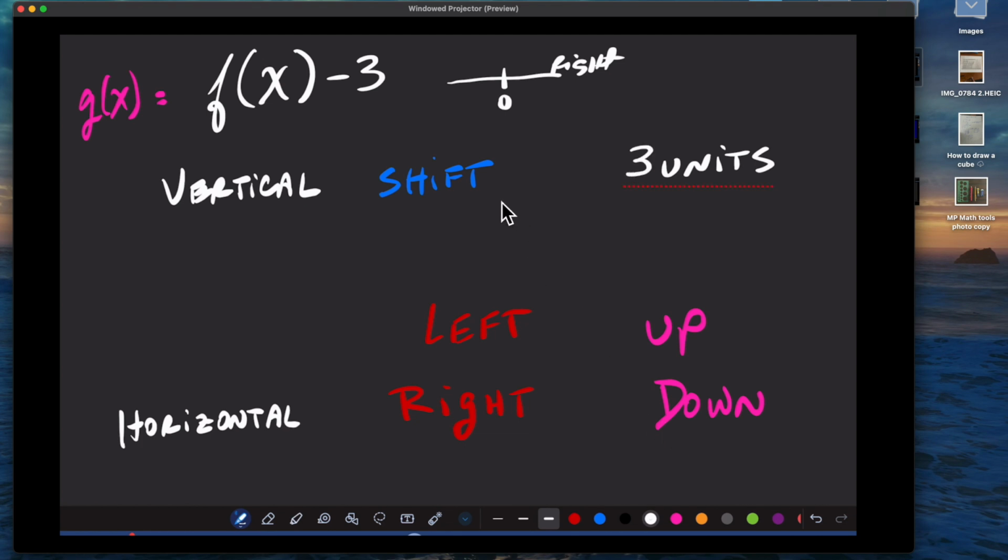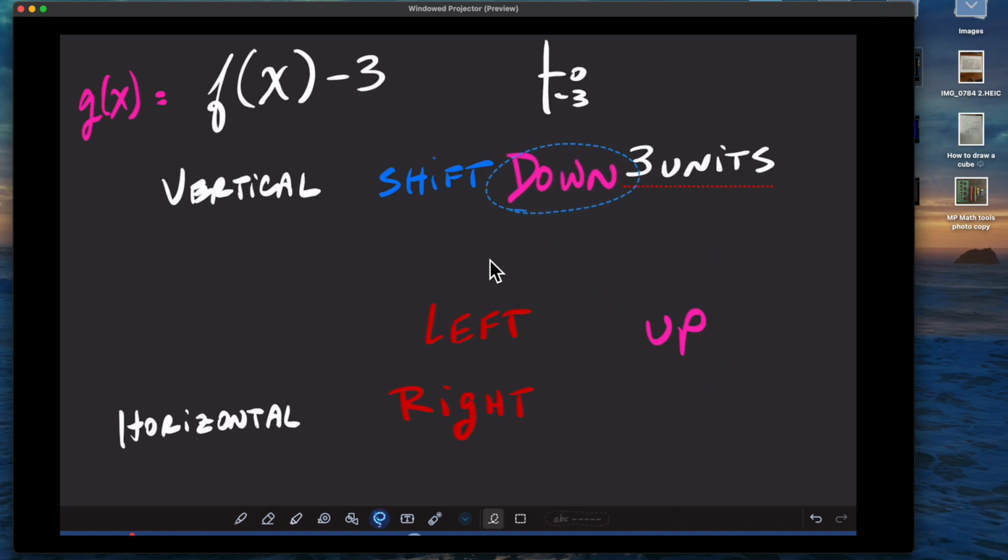And when you're dealing with vertical shifts, you do exactly what you see. So when you see a -3, okay, the -3 is going to be on the left side of the number line. Or actually, a better way to think of this would be a vertical number line. Okay, so -3, you'd go down to get to -3 on a vertical number line. So that's exactly what we're going to do. We're going to do exactly what we see, and this is going to be a vertical shift down 3 units.